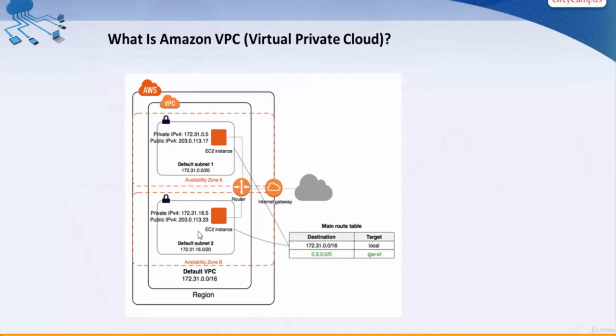And if I'm putting database servers or app servers in this subnet, then they will have to be hidden from the internet, so they become private subnets, meaning not reachable from the internet. So what's a VPC and what's a subnet? A VPC is the full environment, and a subnet is a section in that full environment.